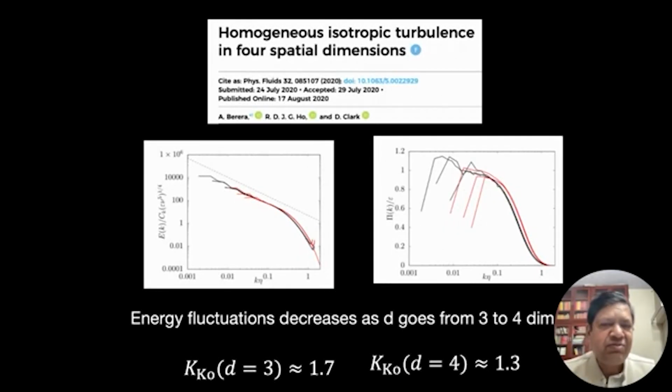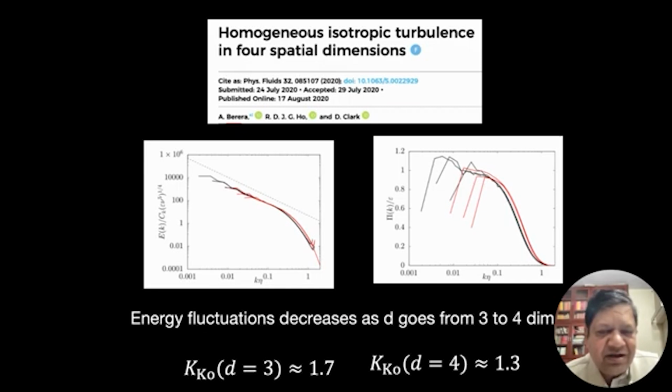There are also some simulations. For example, recently there is a simulation by Berera et al. They did it for D equal to 4 dimensions. This picture shows you the spectrum for 3 and 4. I believe red is 4 and black is 3.